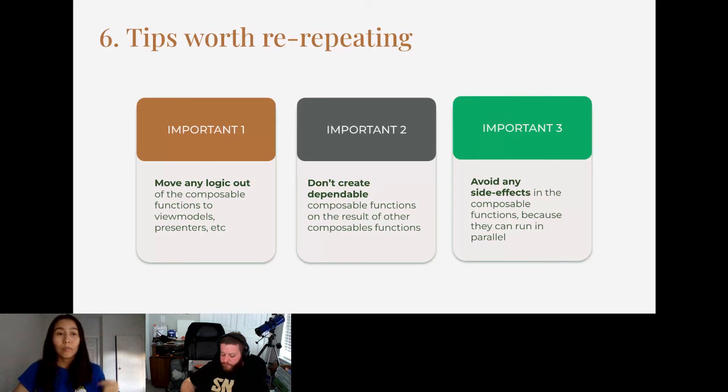Number 2, do not create dependable composable functions, because the order of execution is never guaranteed. So let's say you have a global string variable, hello, where you update its value in composable 1, but then you read that value in composable 2.